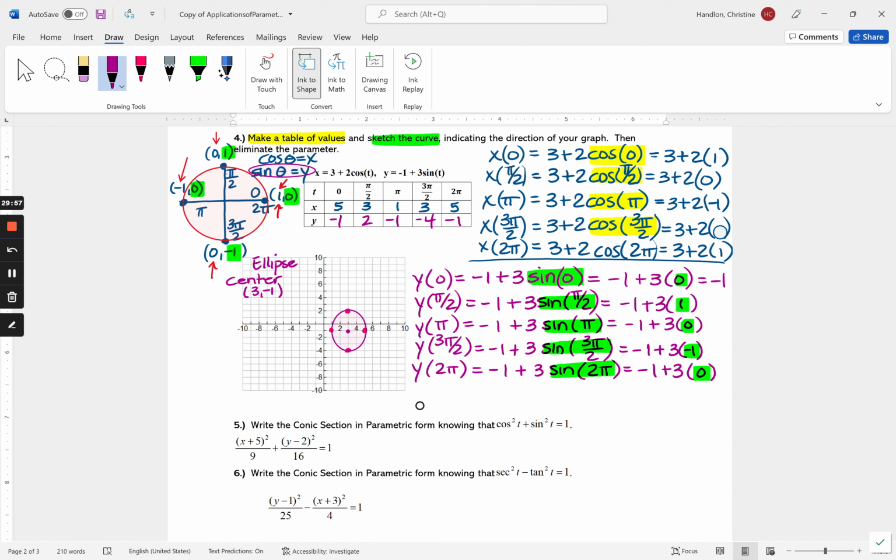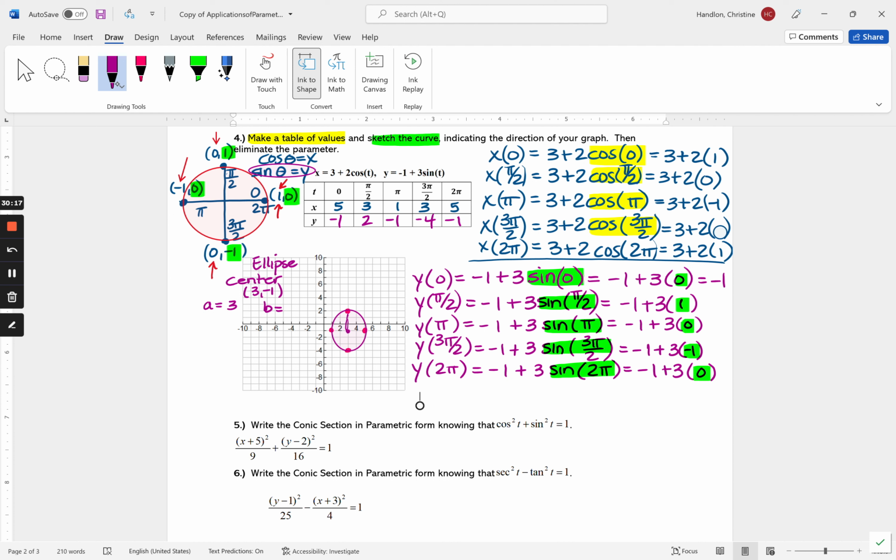If I were to ask you what was the A distance and the B distance, well, remember with an ellipse, the A distance was the long distance from the center to the vertex, which if you count, this distance right here would be your A distance, and that was a 3.